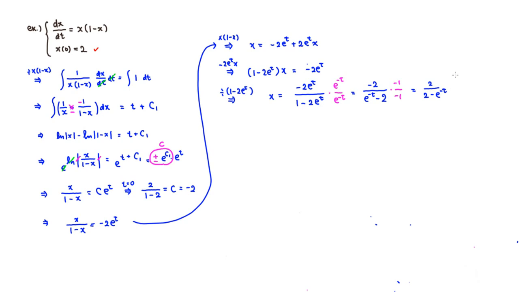Therefore we just found x(t) is equal to 2 over 2 − e to the negative t. That's the solution of the initial value problem. That's it. I hope that this was clear.